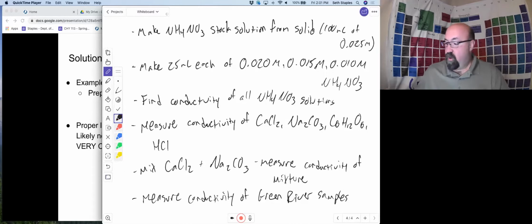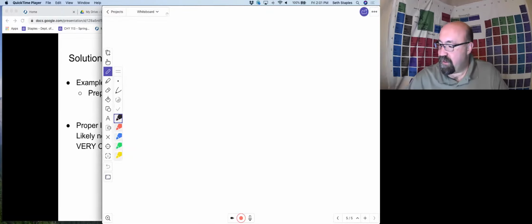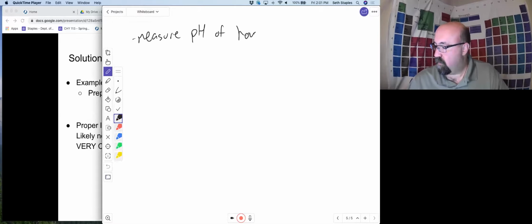And then moving on to pH. So these are all of your conductivity tasks. Moving on to pH, some fewer tasks that we're going to do, which are going to measure the pH of the household solutions that are at your station.